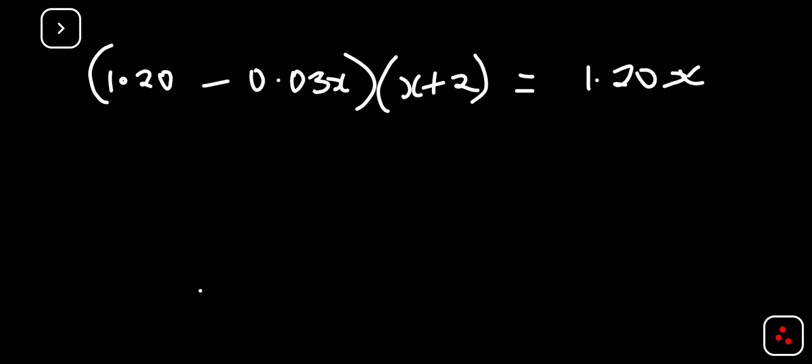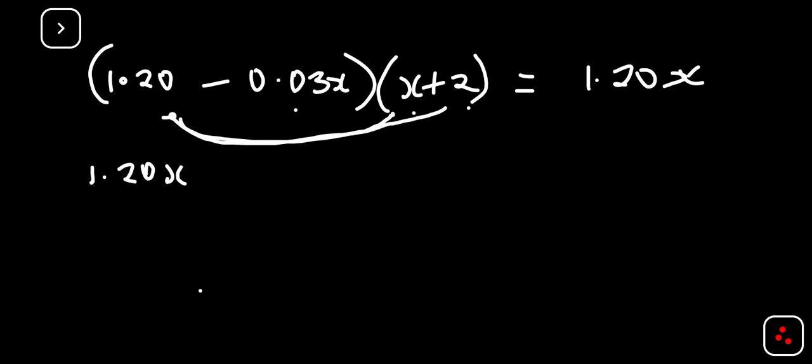Now that you see this, when you have an equation like this, you have to expand. We start with 1.20 times x to give us 1.20x, and 1.20 times 2 gives us plus 2.40.